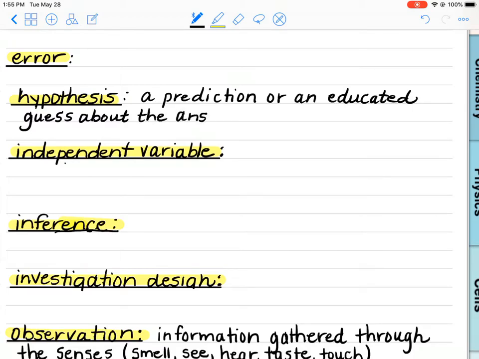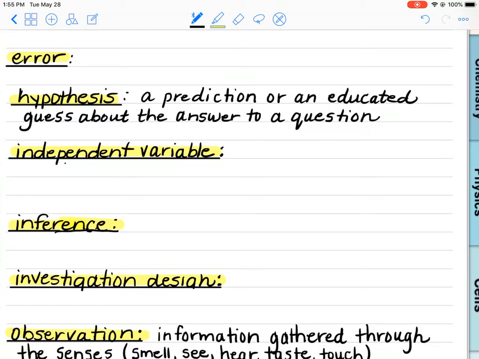So in my story, my hypothesis is this. I predict that people who drink Diet Coke will lose weight. Do I know that for certain? No. It's a prediction that if you give people diet soda instead of regular soda with sugar, they're going to lose weight over time.